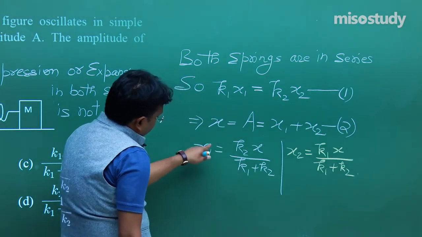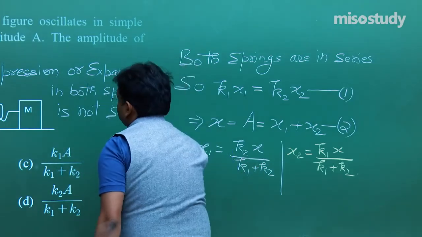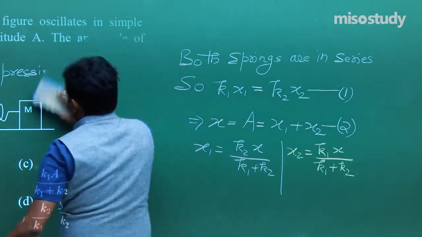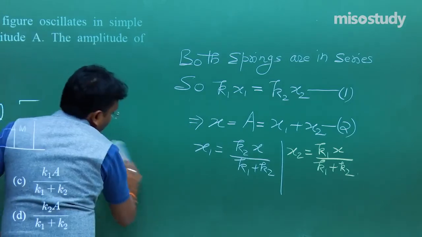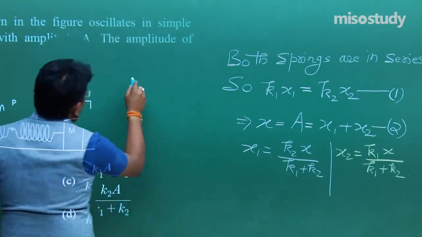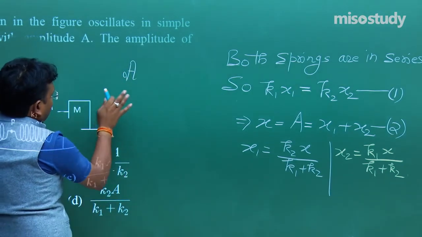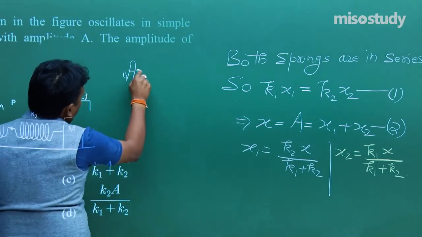So the amplitude of point P is, I think I should use this space. Don't worry, I'll move out after writing, then you can compare.